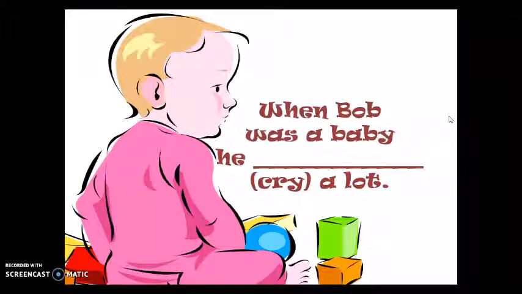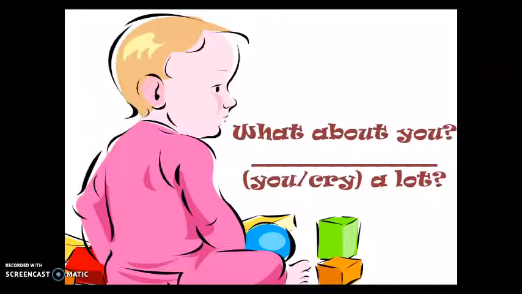So what is the complete sentence? Okay, correct. Let's check the answer. When Bob was a baby, he used to cry a lot. Cuando Bob era bebé, solía llorar demasiado. Correct. Let's move on.